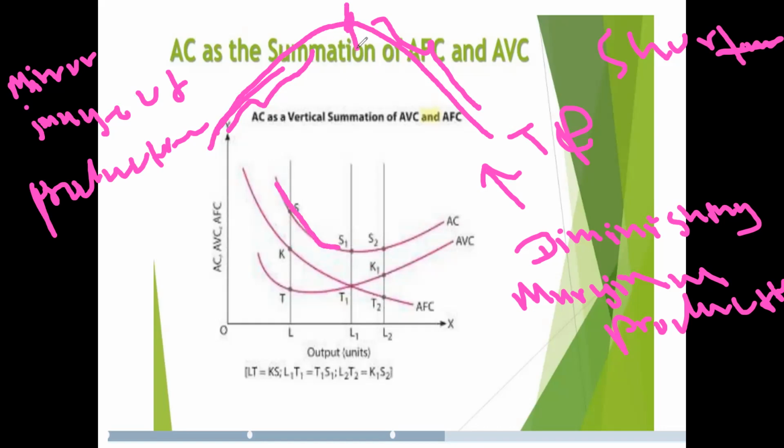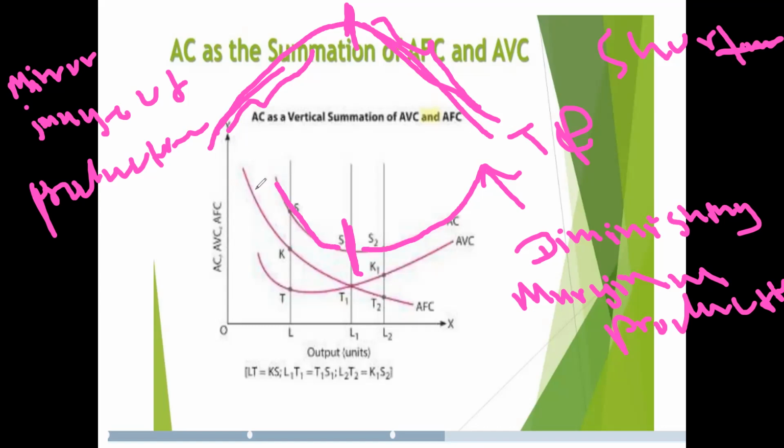When production comes to the maximum point, the cost reaches its minimum. When production tends to decline, the cost also increases. So the cost curves are mirror images of the production curves.